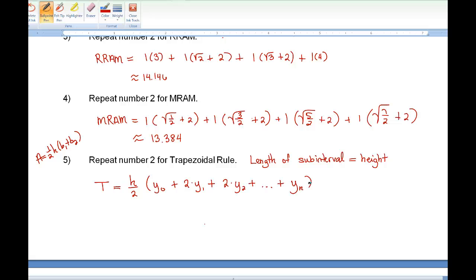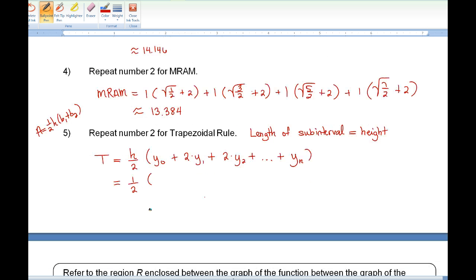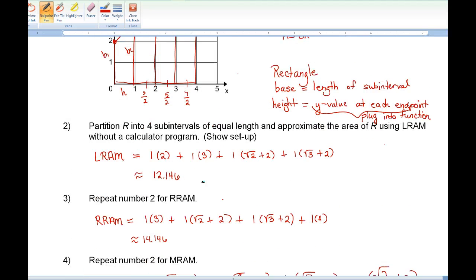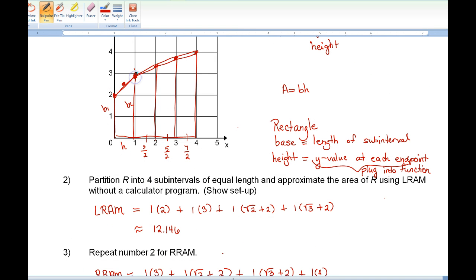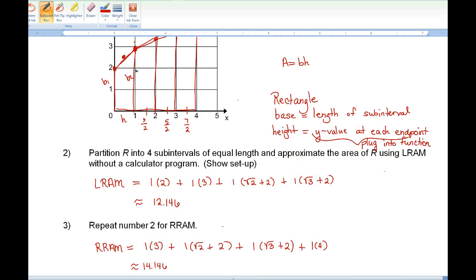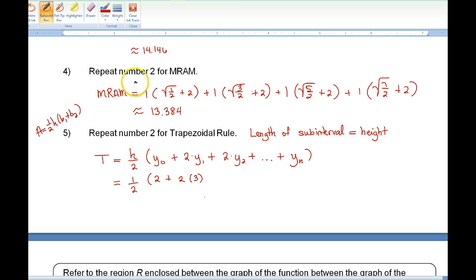Okay, so let's use the formula. The height was 1, so 1 over 2. What's the first y value? You should be able to see it. It's just 2. And then the next one is going to be 2 times 3, right? Look at the graph, right here. You can also plug into the formula. Remember, it was square root of x plus 2. So square root of 1 is 1 plus 2 is 3.